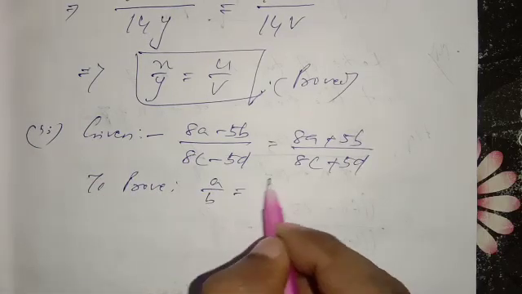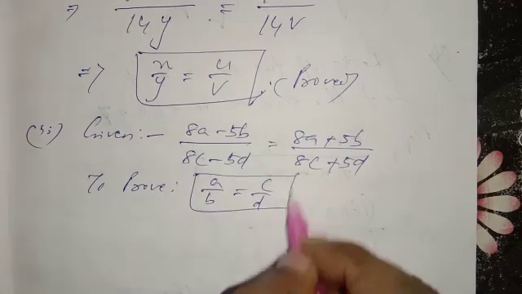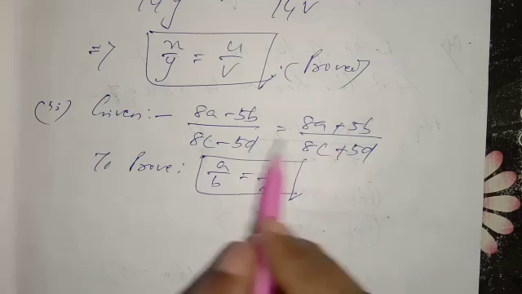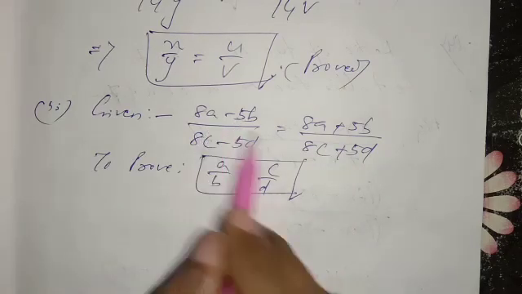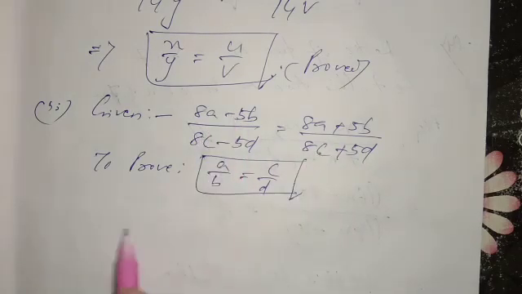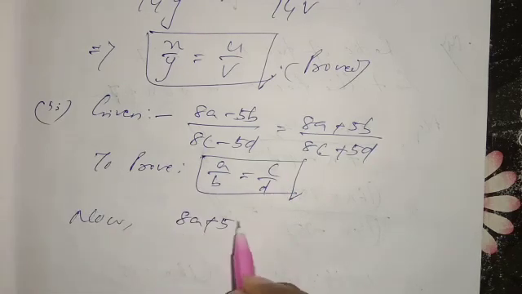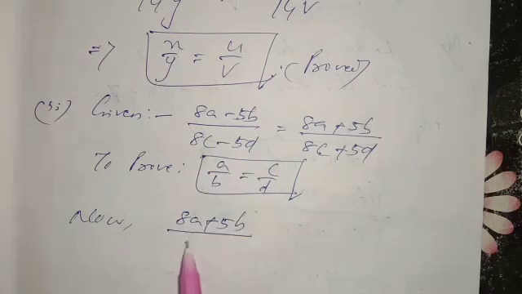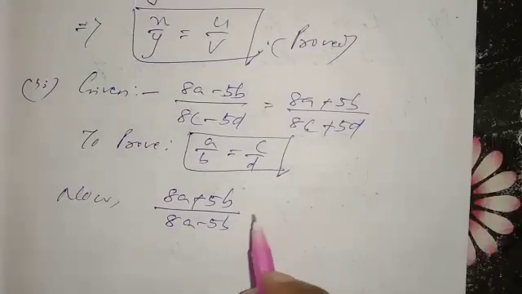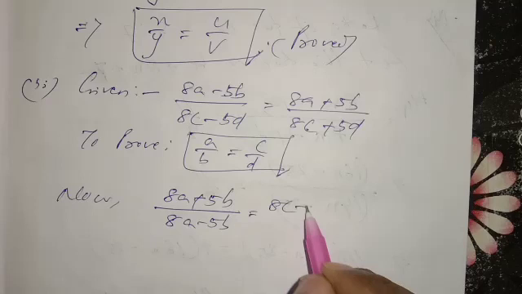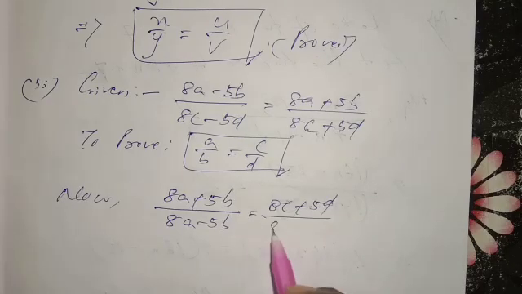For this proof, just you have to do one thing here. This 8a minus 5b, by alternando, this corner can be changed, means 8a plus 5b by 8a minus 5b, this is the right hand side part I am writing, equal to this 8c plus 5d will come here, that means 8c plus 5d by 8c minus 5d.